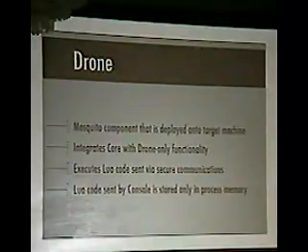It integrates the Core with drone-only functionality, meaning it's a superset of the Core. It executes Lua code sent by secured communication, and Lua code sent by the console is stored only in process memory. It is not stored on the disk.